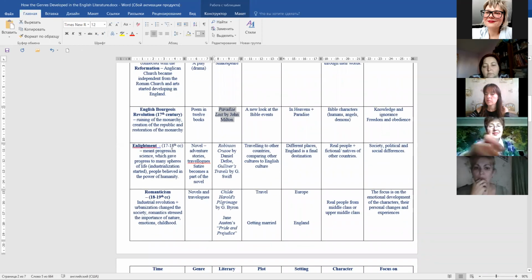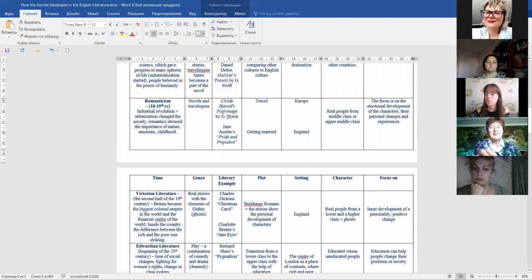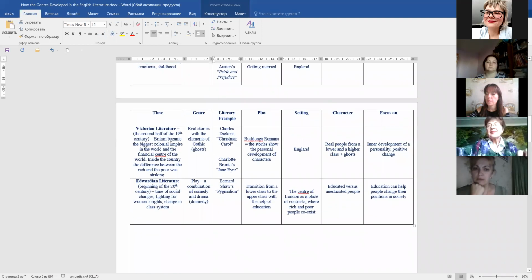Then with the Enlightenment, which is progress, science, and so on, we have Robinson Crusoe and Gulliver's Travels. With Romanticism, we already have Pride and Prejudice. Then Victorian literature, the world is divided into rich and poor, the class system appears, and Charles Dickens talks about poor people, and Charlotte Bronte.